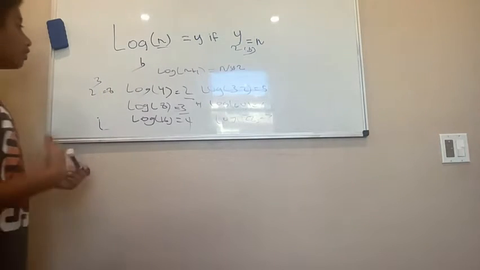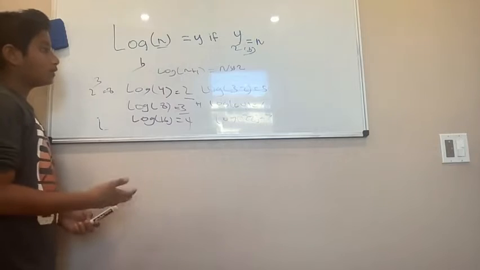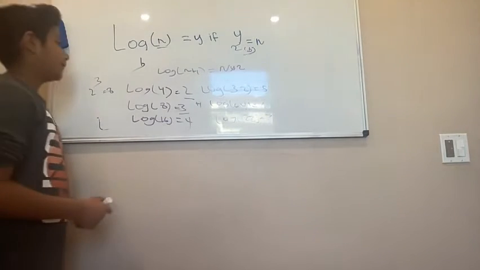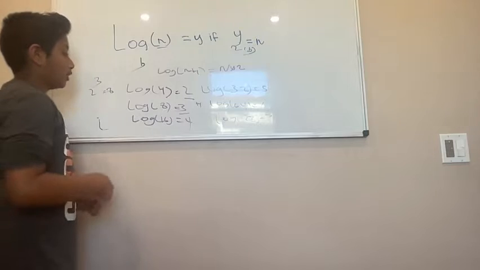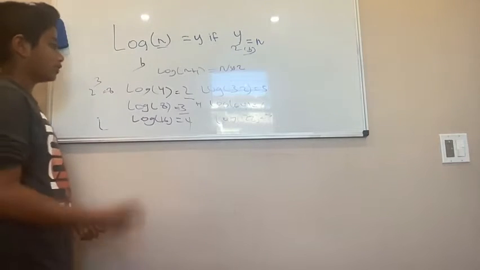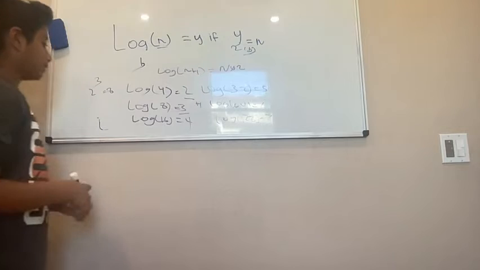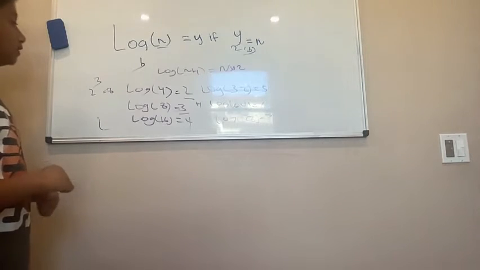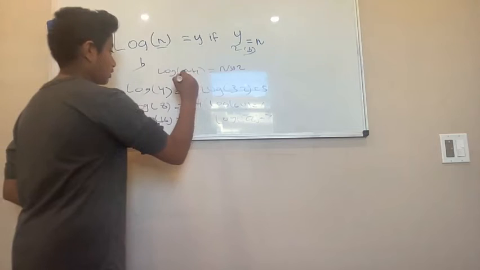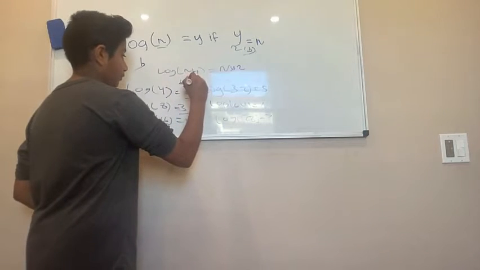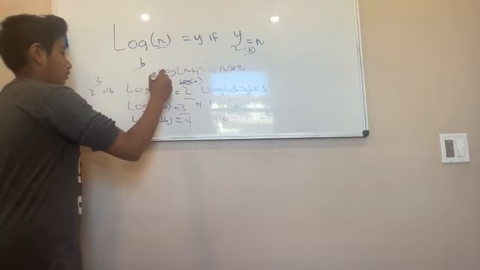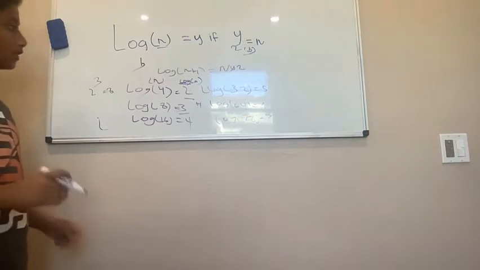So as the log of n is increased by 1, n is multiplied by 2. The log of 4 is equal to 2, and the log of 8 is equal to 3. So this is the log of n, and this is just n, right?